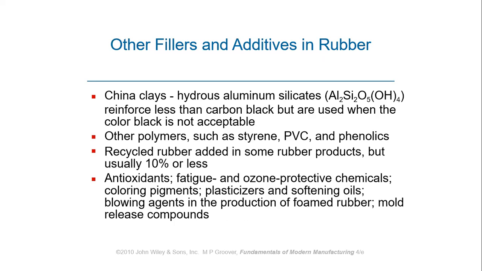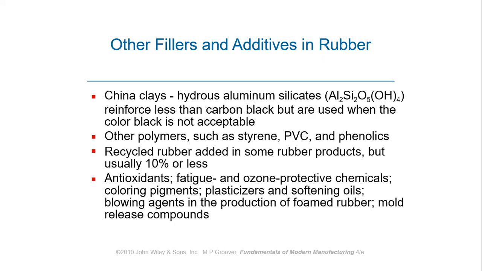And other fillers include china clay. Sometimes if color is the problem, like you don't want the rubber to be black, then in that case you can use china clay, which is hydrous aluminum silicate, which can also give similar properties to carbon black, but not 100%.